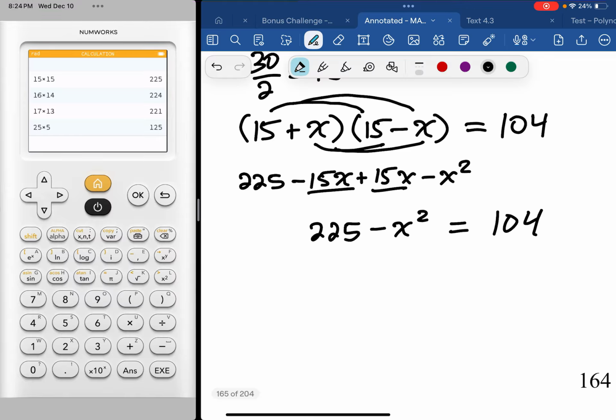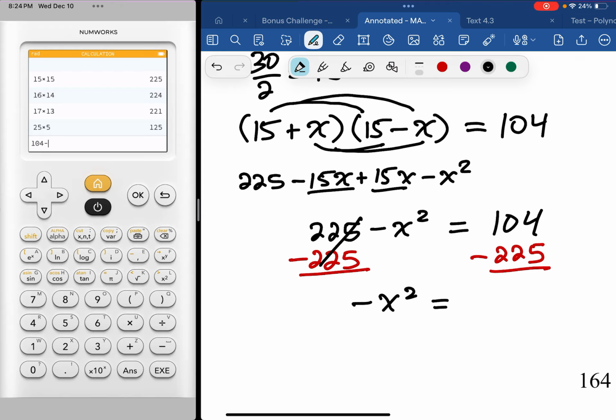So then what I would do is subtract off the 225. I get negative x squared is equal to 104 minus 225, which is negative 121. Divide both sides by a negative 1.